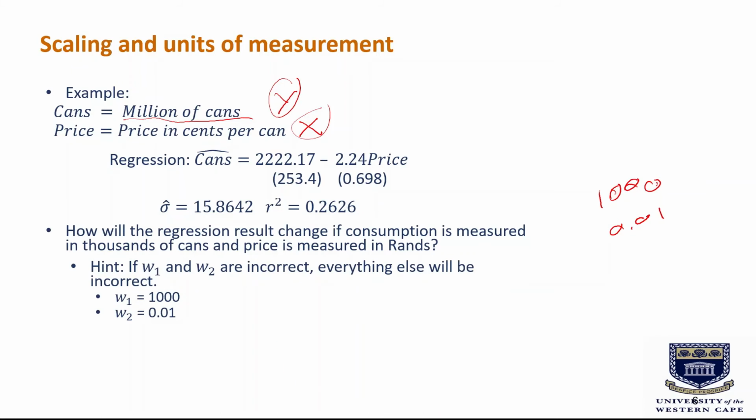Okay, so W1 is 1,000, W2 is 0.01. Most important is to try and get an understanding of how we got to those values for W1 and W2. We asked the question: how many units of the measuring scale we're changing to fit into the existing measuring scale, whatever that may be.